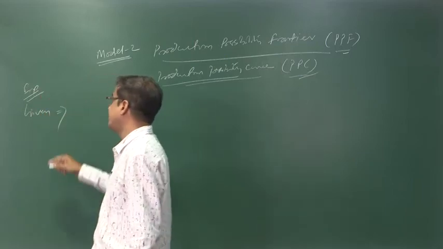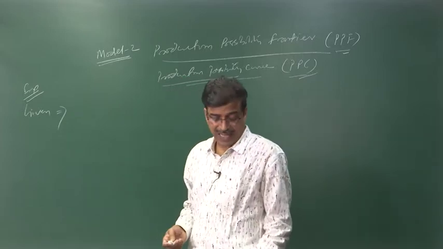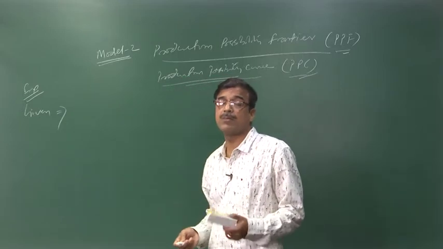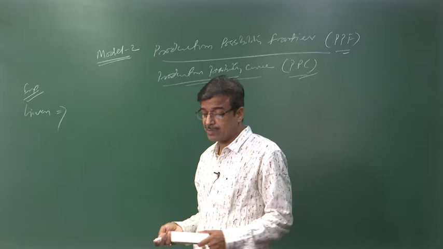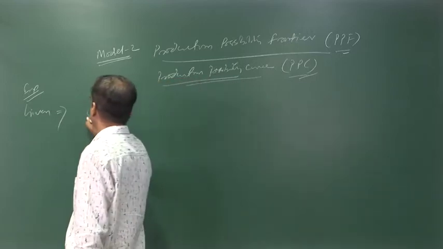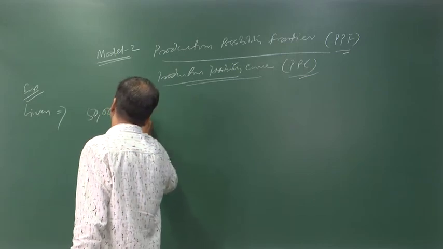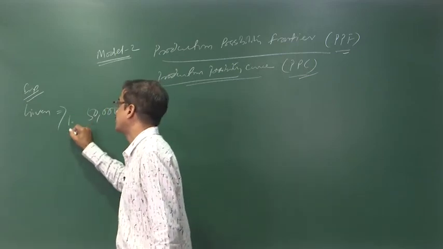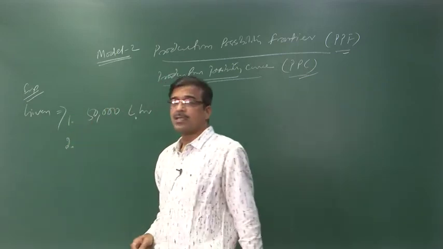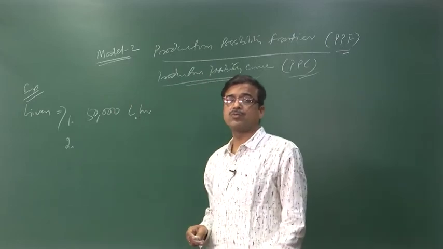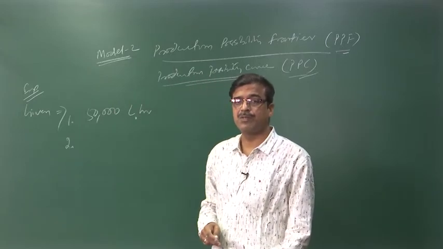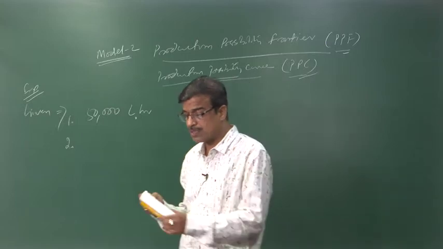So, we have a certain amount of resources, the number of labor hours, and we take 50,000 labor hours. 50,000 labor hours are available inside the economy, that is the first point. Second, we manufacture only two types of product, one is the computer and the second one is the wheat.